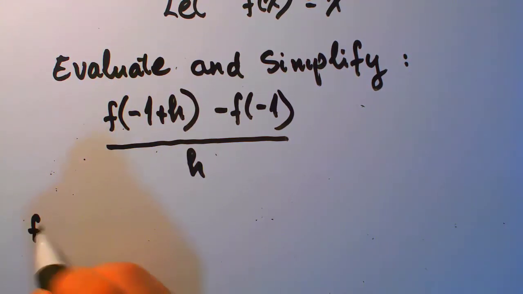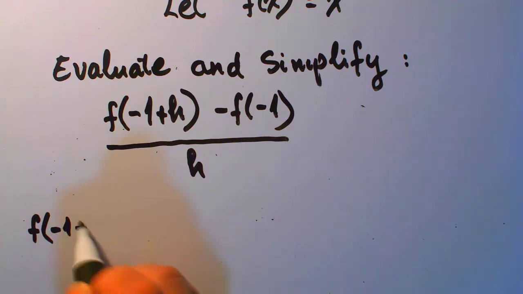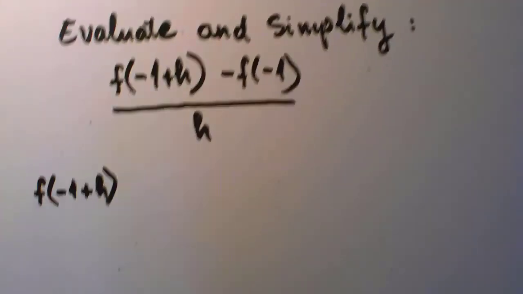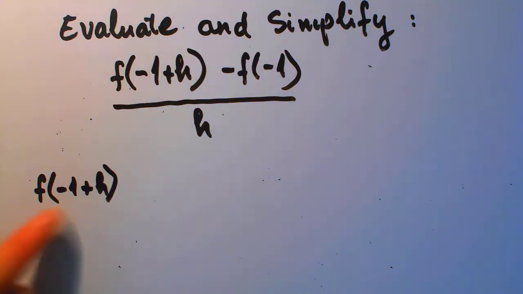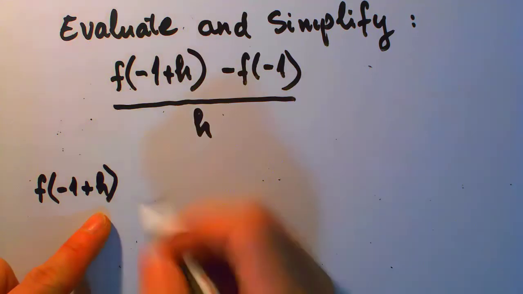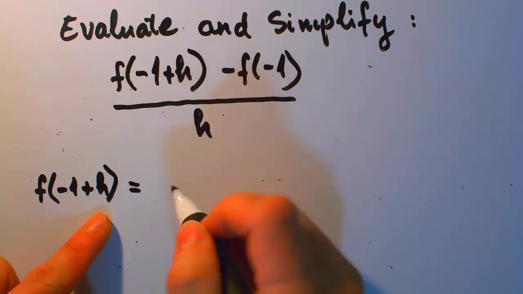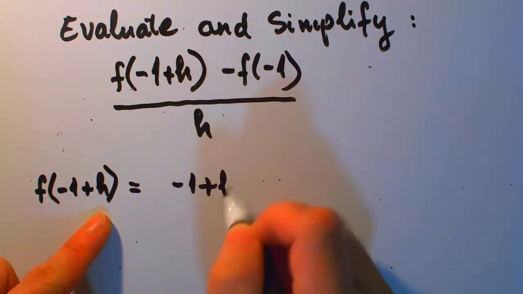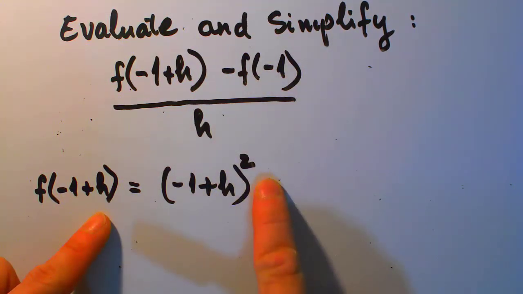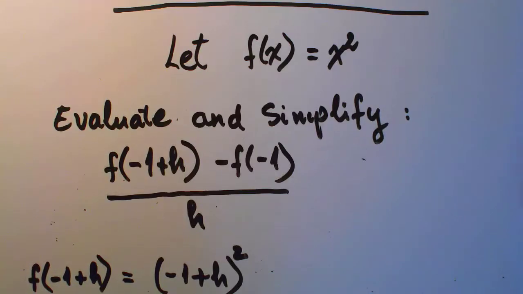So f of negative 1, for beginners, for starters, it's never bad to do this. Let's do one individual piece here. F evaluated at negative 1 plus h is going to equal negative 1 plus h squared, because squaring is the rule of your f of x function.